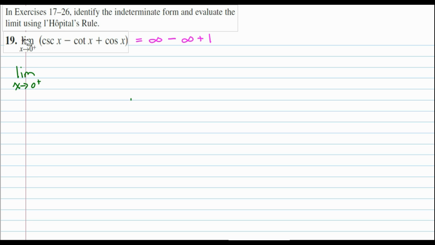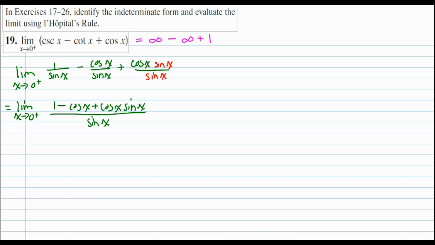So first, I'm going to take the limit as x approaches 0 from the right, and I'm going to write all these out in sines and cosines. And I can see that they all have a common denominator of sine, so this last term, cosine, I just multiplied by sine over sine to give it that common denominator. Now I can combine all that.